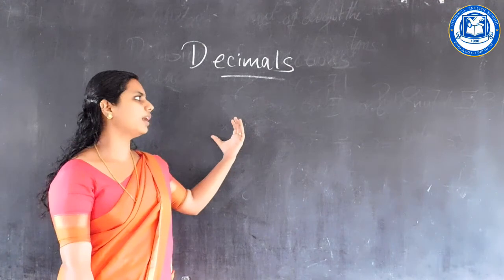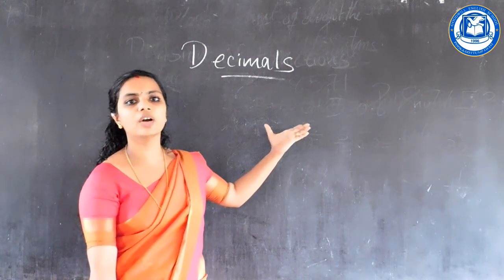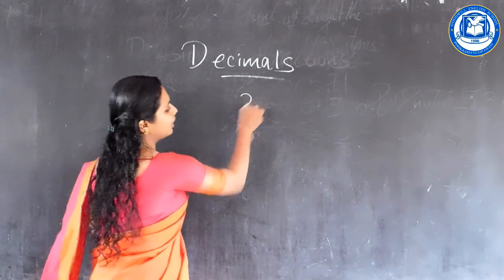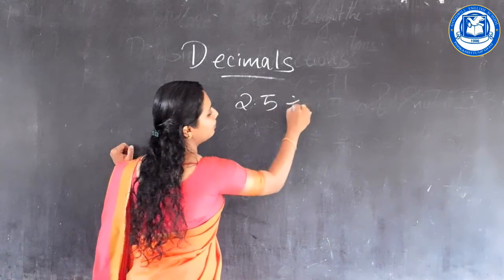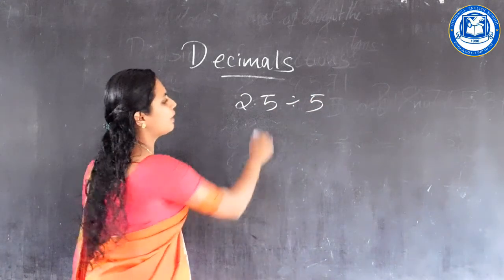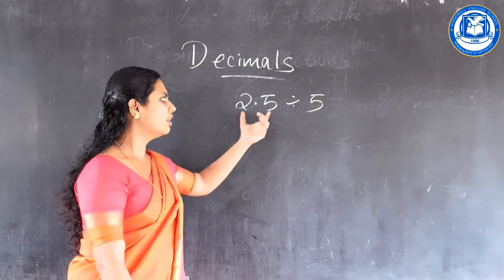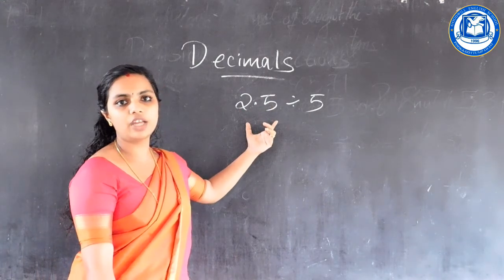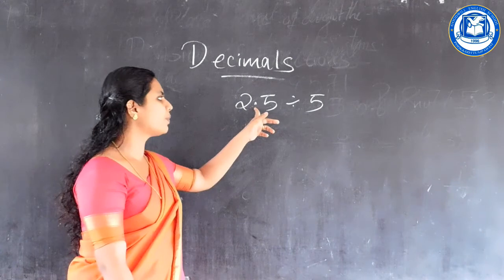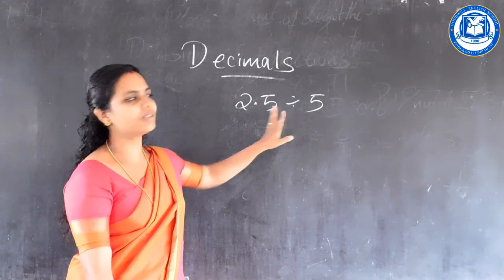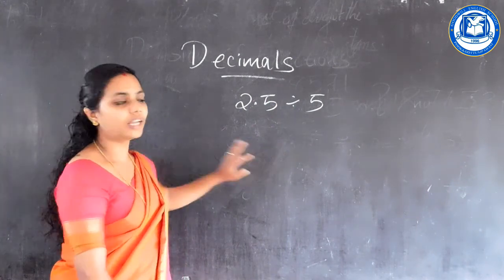Okay, now we can look at how we can divide a decimal number by a whole number. For example, 2.5 divided by 5. As we have studied earlier, we must change this decimal number into a fraction. So after the point there is only one number, so our denominator will become 10.